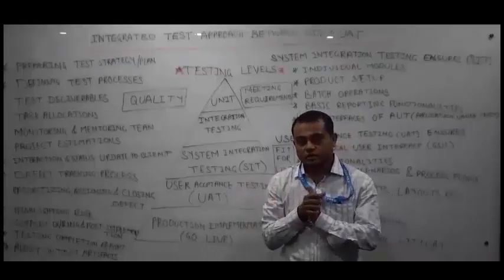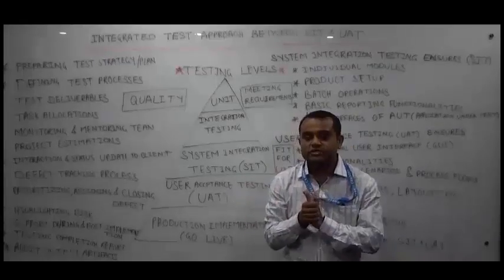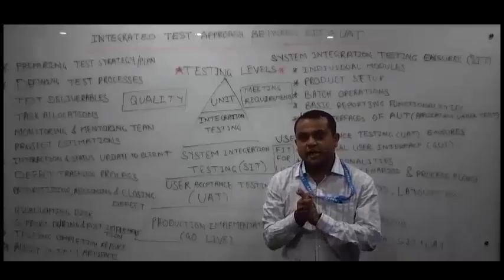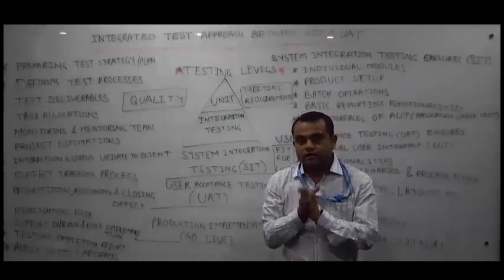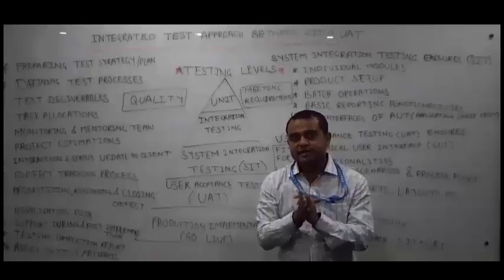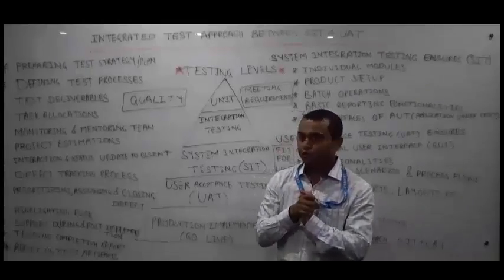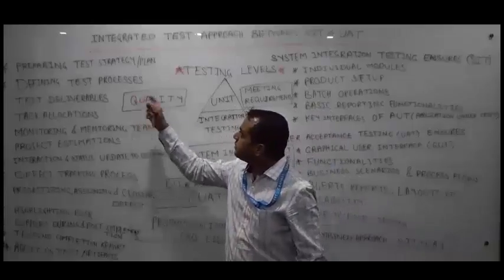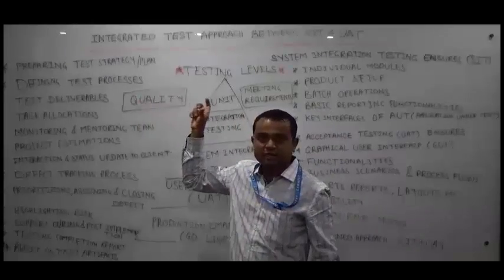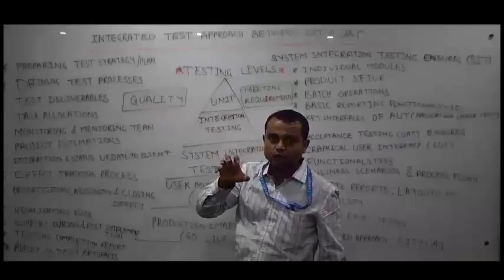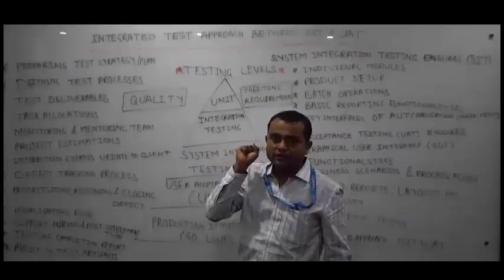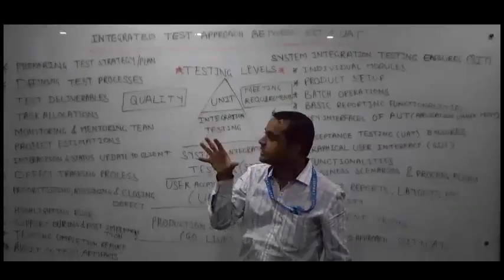After that, system integration testing and user acceptance testing come into the picture. Traditionally, many companies do SIT and UAT separately, but in any testing cycle there are different things we need to perform. First is preparing the test strategy or test plan. Test strategy is the high-level approach document where we decide the approach towards testing.